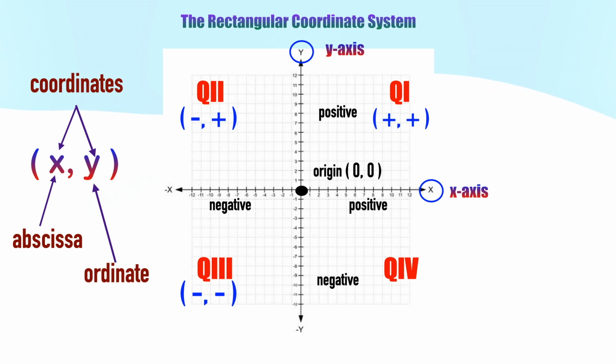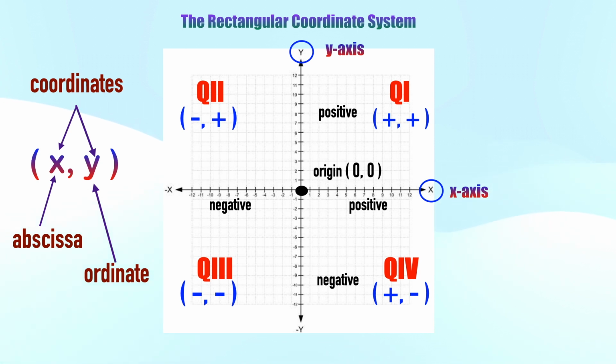And in quadrant 4, the x coordinate is positive and y is negative. So by considering the signs of the coordinates, we can identify which quadrant it lies, no? So sa signs lang natin titignan, pwede na nating ma-identify kung anong quadrant.